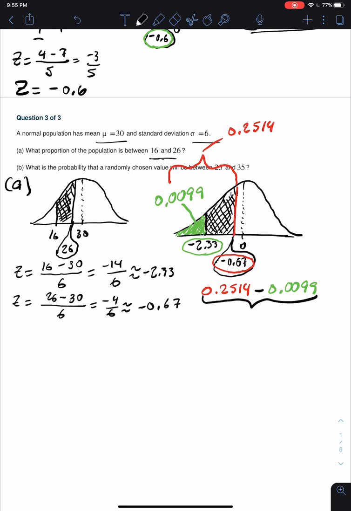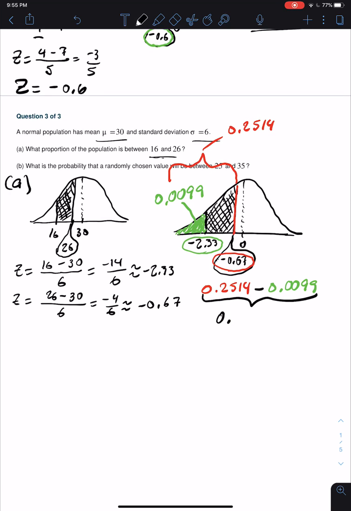What is that going to be? What do you say? 0.2514 minus 0.0099, which is 0.2415. And that is the answer. All right.